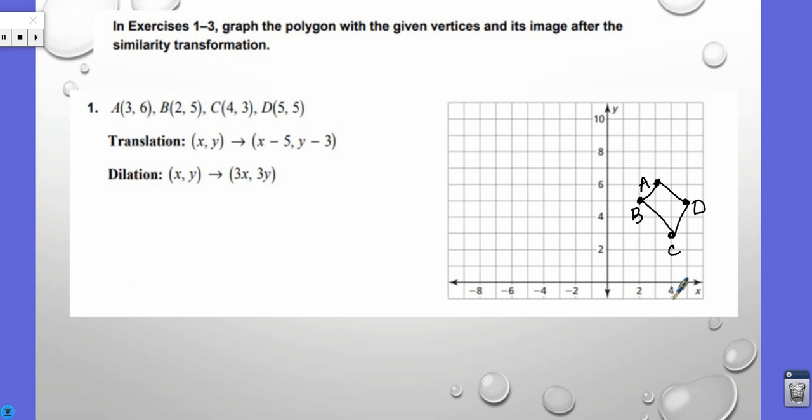Let me double check. 4, 3 is C. 5, 5 is D. 3, 6 is A. And 2, 5 is B.